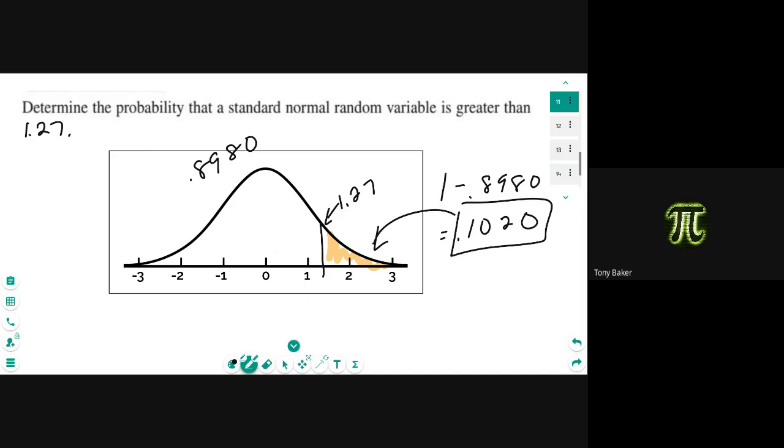That one confuses people. The whole thing is 1, right? If I look at everything, it's 1. The total probability is going to be 1.